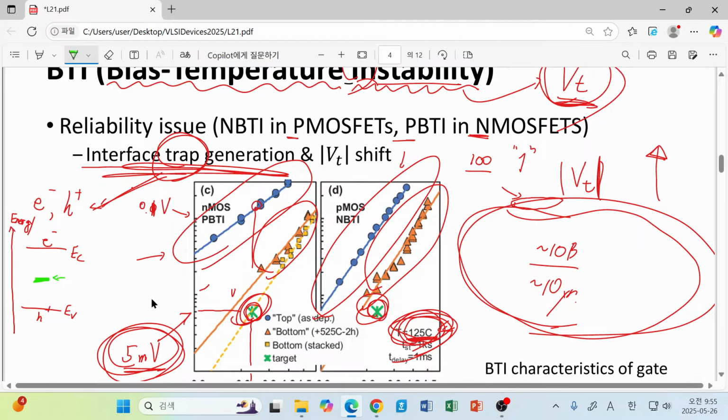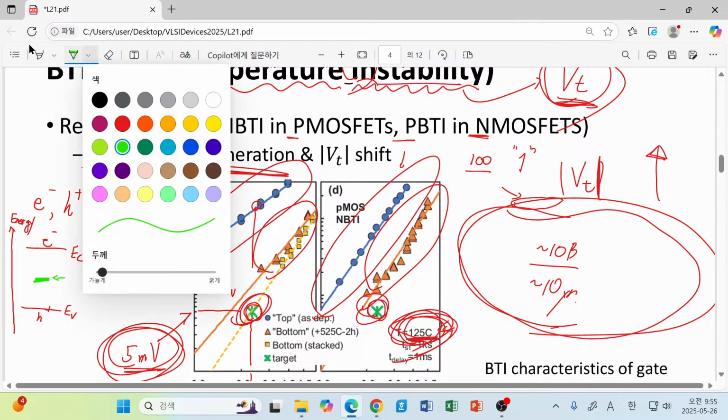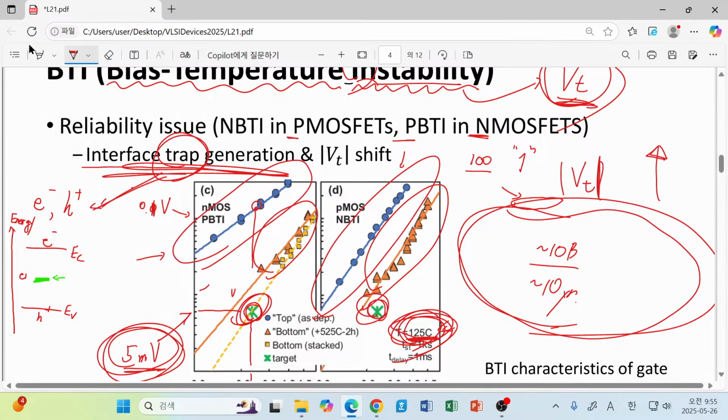Let's say that this state is empty, so there is no electron, and let's assume that this electron can lose its energy by generating several phonons. There is a mechanism to lose its energy, and now it becomes a lower energy electron and transits into this position.